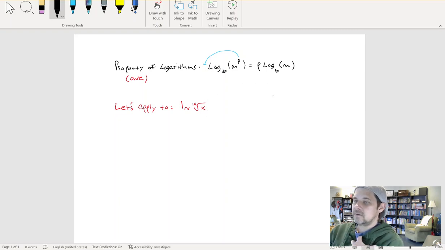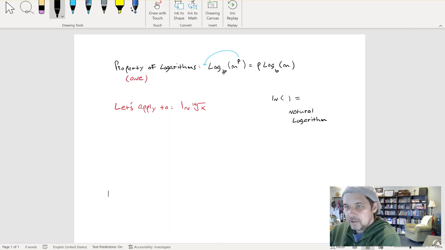First of all, when we see ln of something, that is called the natural logarithm. Okay, and I say that because it doesn't look like log base b. It doesn't look like the rule, but it is a logarithm like any other with a base number of e, where e is this finely tuned number, I guess you could say.